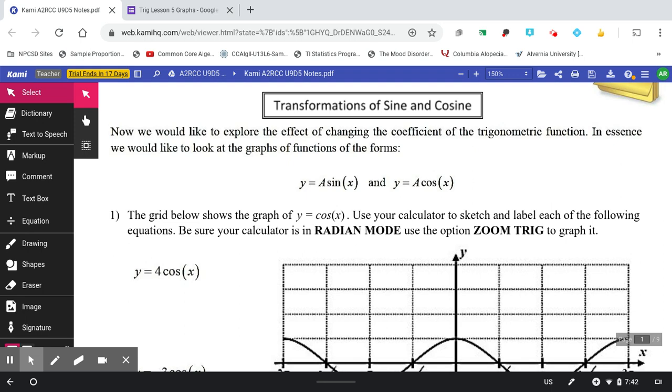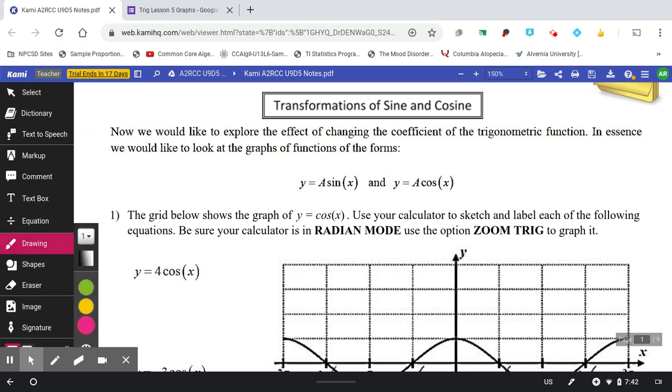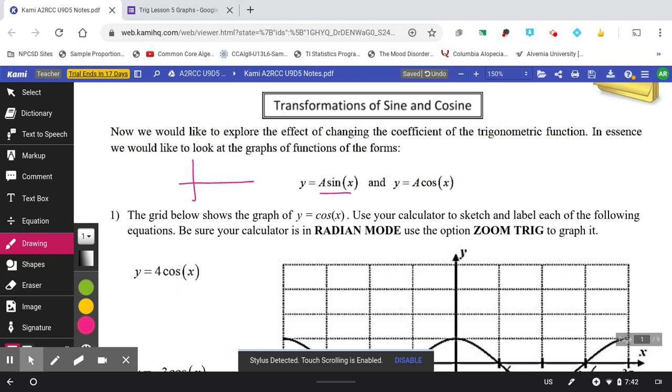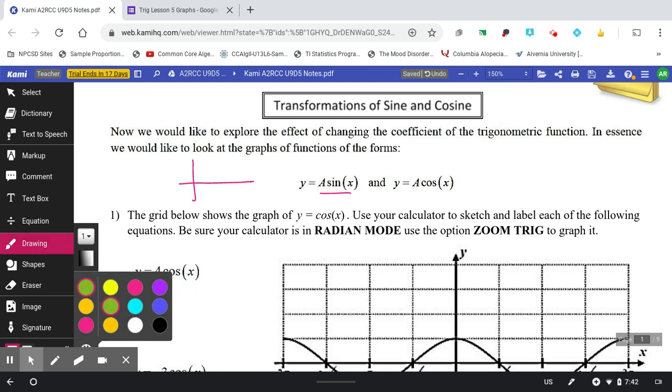Okay, so now we are going to do some transformations on the sine and the cosine. Just to be clear, we're looking at first the sine. You should know that the sine function starts right on the origin.